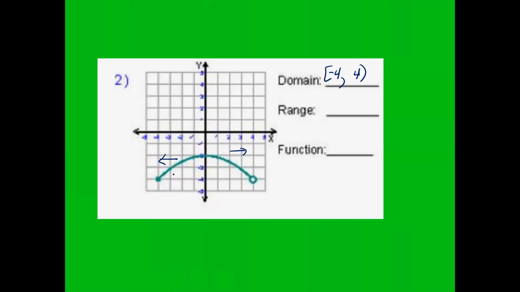For the range, you're looking at how low you go with this graph, and it looks like it stops at -4, and it's a closed circle. Then how far up on top, and it looks like it's at -2, and it is also a closed circle, so it looks like this. Is it a function? Yes, it is, because if I draw a straight line, it only touches this graph at one point, so it's a function.